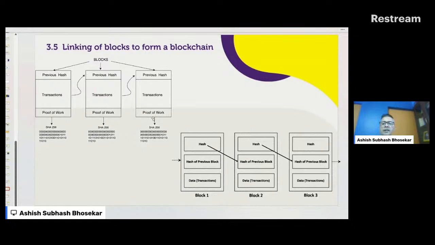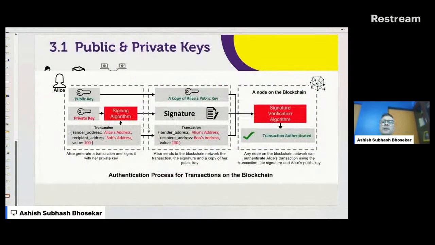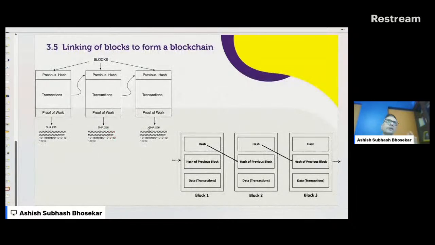So if anyone tries to tamper with any block in between, everything gets notified: the previous block, the next block and all the nodes. Then it raises an alarm, and that's why it doesn't allow any irrelevant transaction to happen, right?